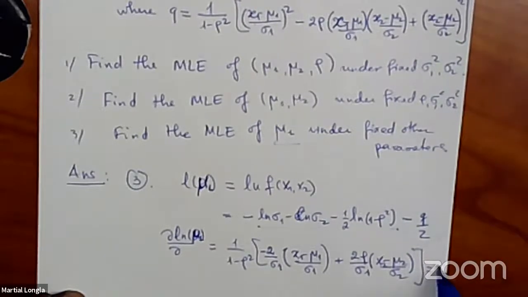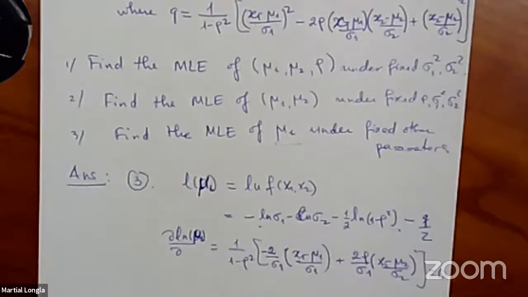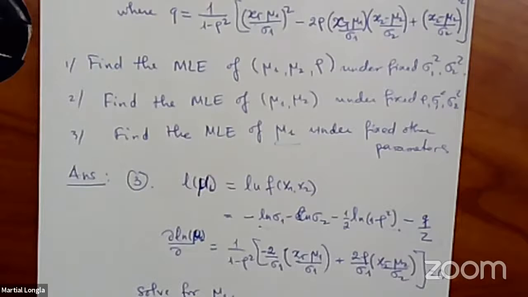And you are going to set this equal to 0 and solve for mu1. What you get out of here, solving for mu1, is what you call the maximum likelihood estimator of mu1, given that everything else inside there is fixed.